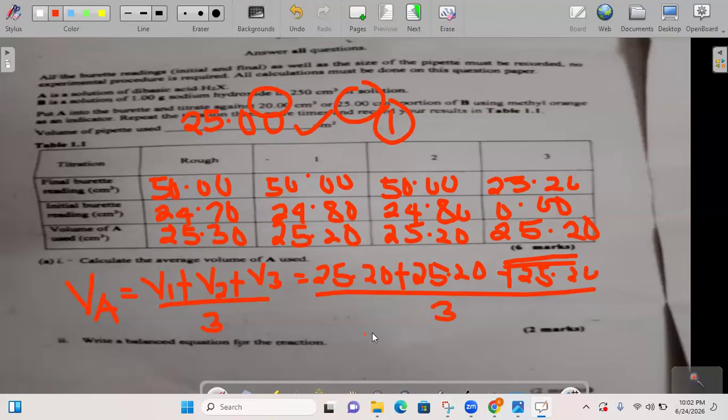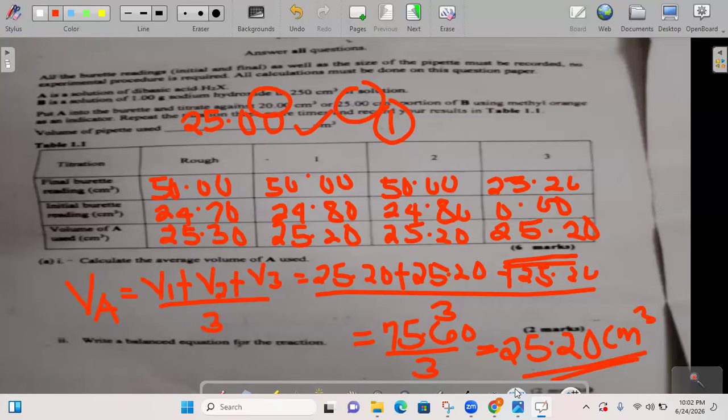That gives us 75.60, and if you divide by 3, your answer will be 25.20 centimeter cube. You must put your units. Is that clear? Yes, sir. You must put your unit. So we have done with question A, Roman figure 1.